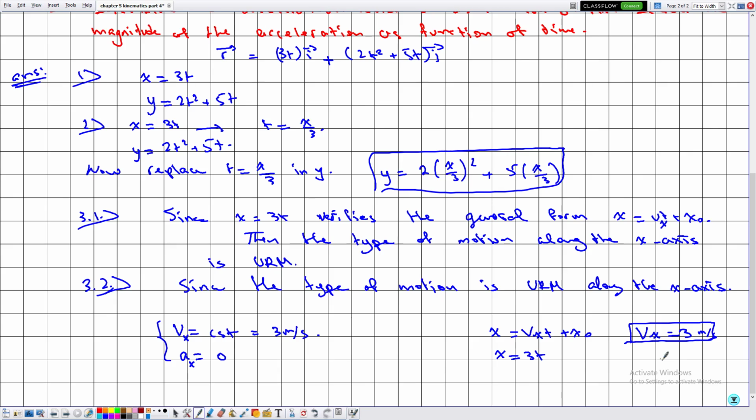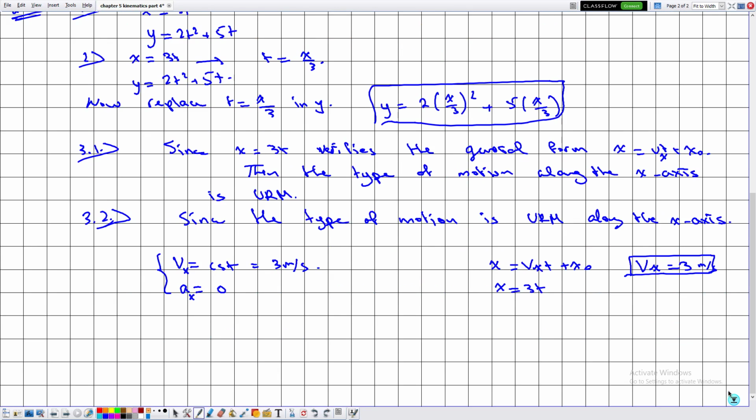So the equations of motion along the x-axis are given by vx equal to 3 meters per second and the acceleration equal to 0. So this is it for part 3.2.